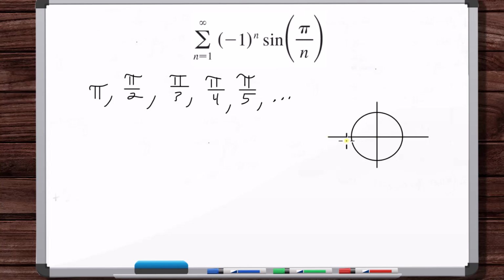We're starting at pi, and then as n gets bigger, we're getting smaller and smaller all the way back to 0, right? We never get to 0. As n approaches infinity, we approach 0. Well, sine is always positive in this region, right? Sine is the y-axis. At n is equal to 1 we start off at 0, sine of pi is 0. But after 1, other than 0, we're always positive.